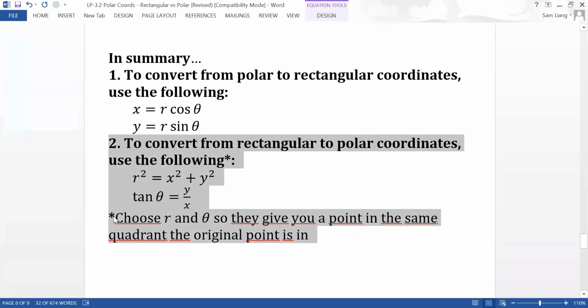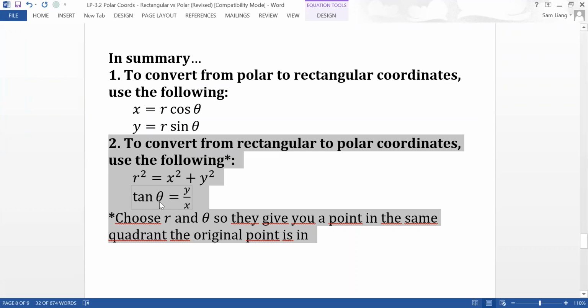The asterisk, the note, might not make sense right now, but as you'll see, there are going to be multiple options, because it's r squared. So we get plus or minus if we take the square root of both sides. And for tangent theta, as we've been doing in our trig unit, there are going to be two angles for every ratio here.